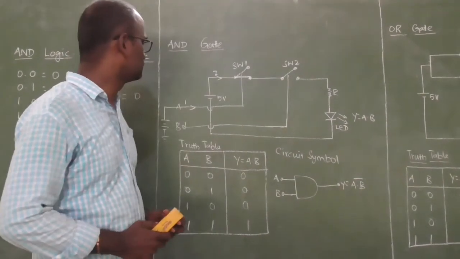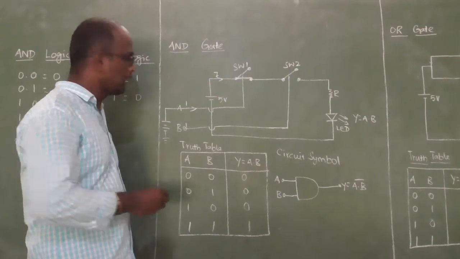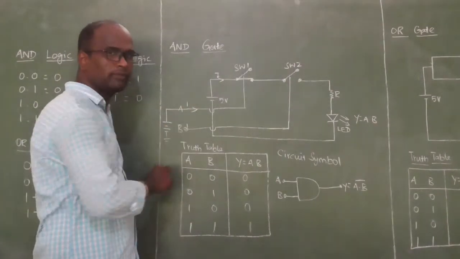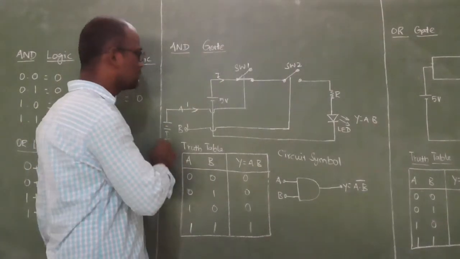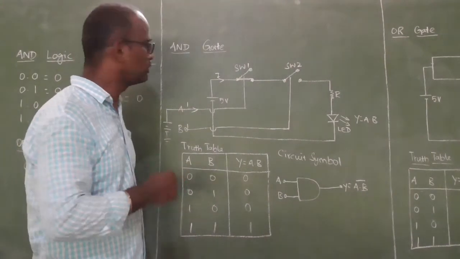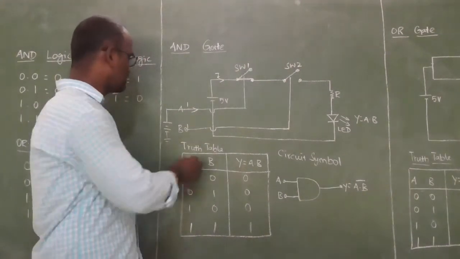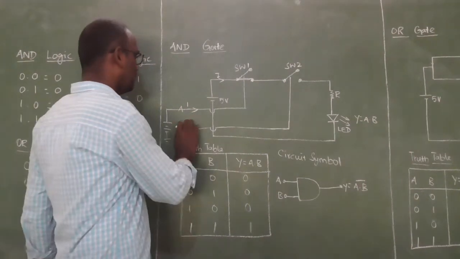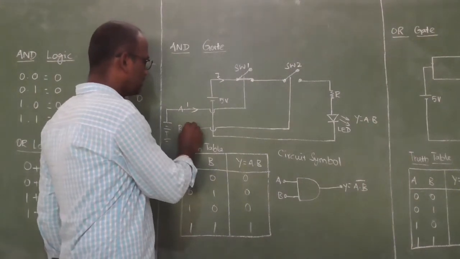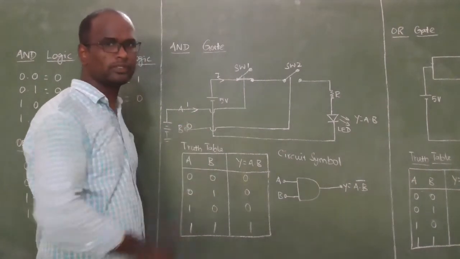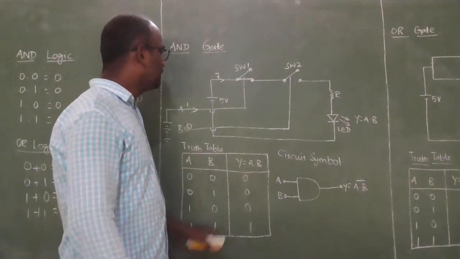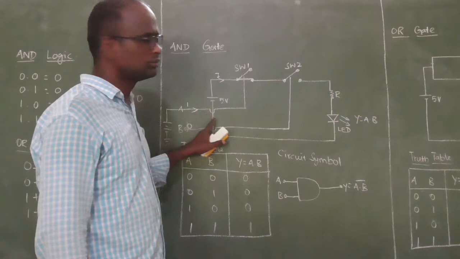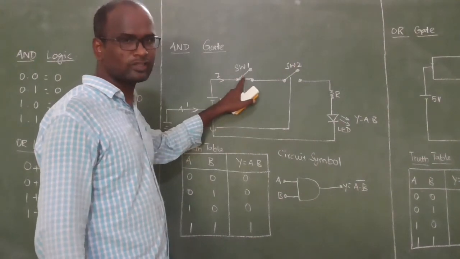So we are controlling both the switches by applying binary numbers. If we apply a battery to any one of the inputs, it means we are applying logic 1 to that input. If we do not apply any battery supply to that input, it means we are applying logic 0 for that input. If we apply logic 1, the switch gets closed.